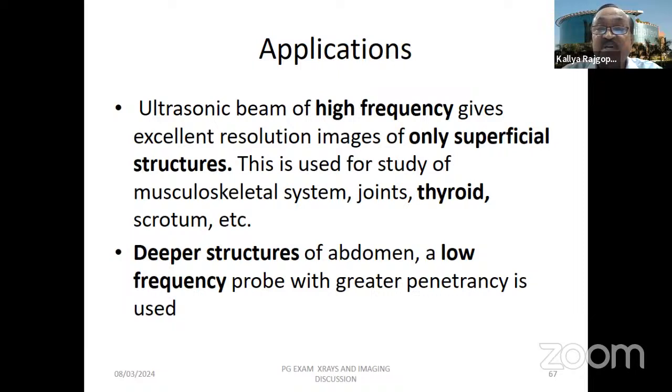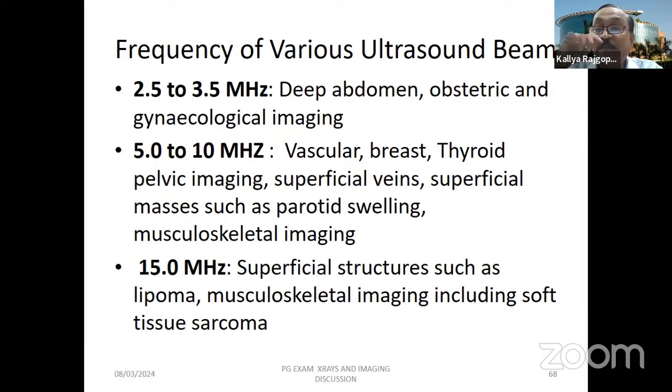You would probably have heard in the last few years a commonly asked question: what is the frequency of the ultrasound beam? You can remember from 2.5 to 15. As I mentioned already, deeper in the abdomen and obstetric and gynecological, it is less, 2.5 to 3.5.